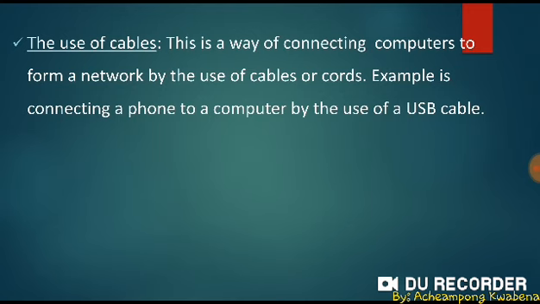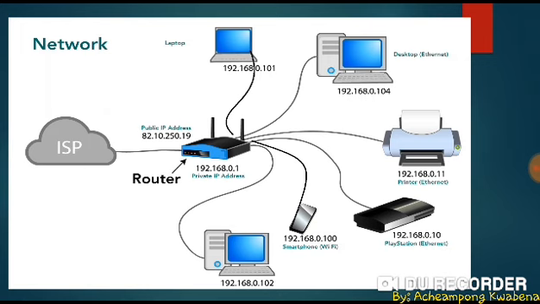An example of a cable is the USB cable, the one we normally connect to adapters to charge our phones. That is a USB cable or a cord. We have other cables. We have the network cables that are used to connect routers or network devices to the computer. So we have here how cables are used to connect a computer to another computer.